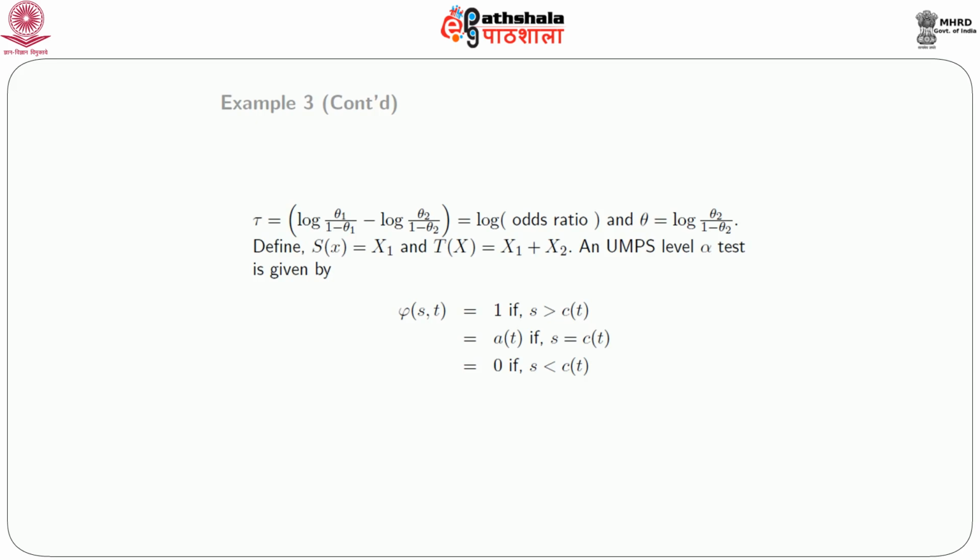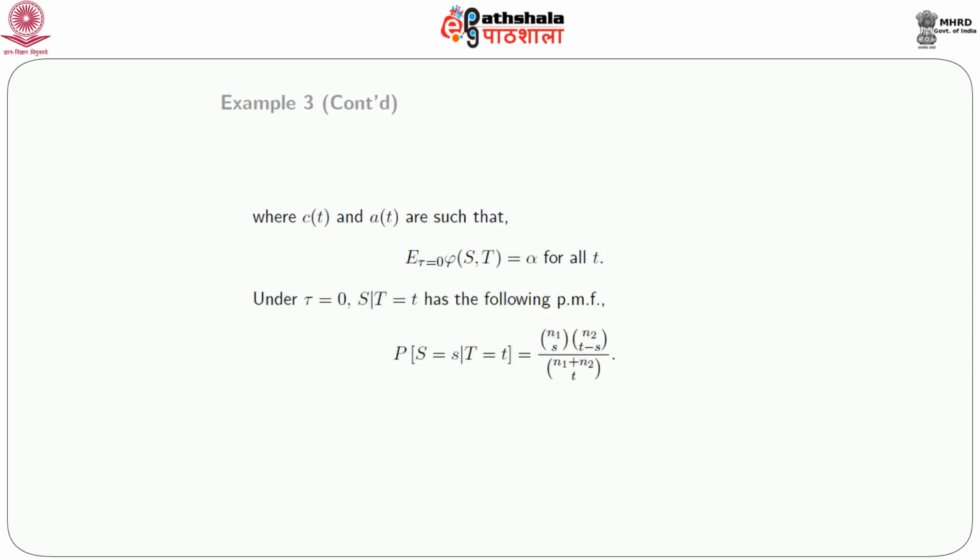Now we define S(x) equals x1 and T(x) equals x1 plus x2, and the UMP test of level alpha is given by psi(s, t) equal to 1 if s is greater than some c, which is a function of t, equal to gamma if s equal to c(t), equal to 0 if s is less than c(t), where c(t) and gamma(t) are such that the expectation of psi under tau equal to 0 is equal to alpha for all t.